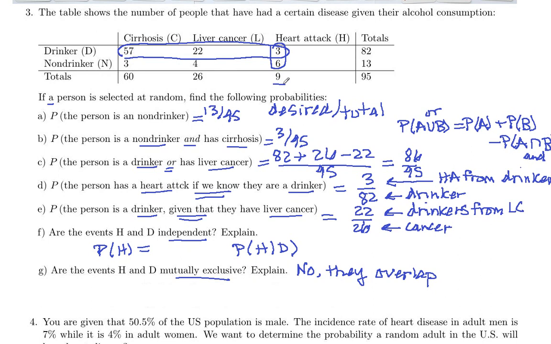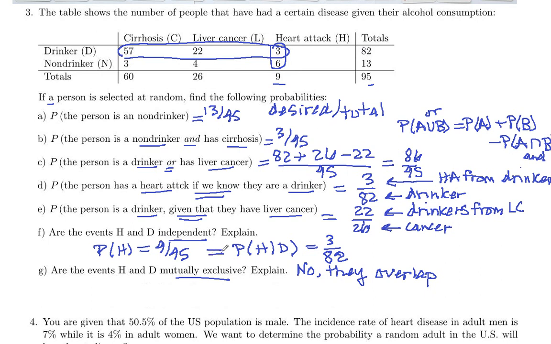We had 9 heart attacks out of 95 total. And then H given D, so if we just restrict ourselves to drinkers, which is 82 total. And then we want to know out of those 82, how many had heart attack? And in that first row, 3. So 3 out of 82.